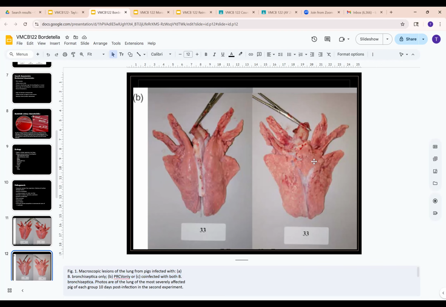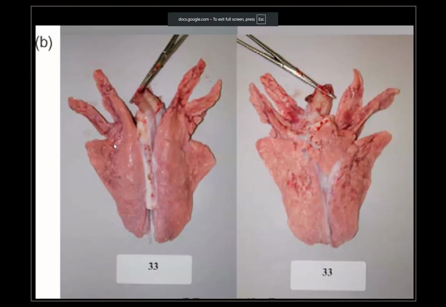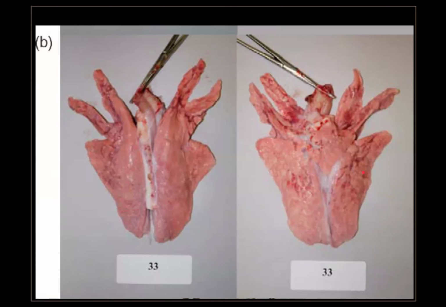So here is coronavirus, no? So on the left, virus only, and then on the right, it is co-infected with Bordetella bronchiceptica. So here we see the lesions are more severe, and we can see that the ventral parts of the lung are also affected.